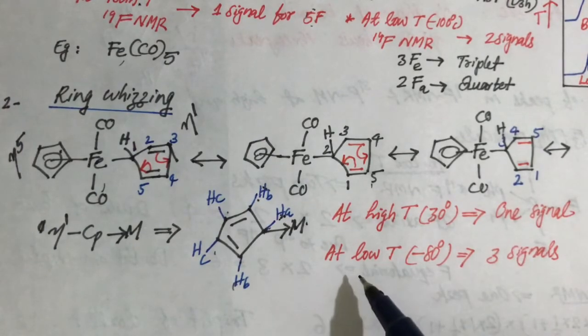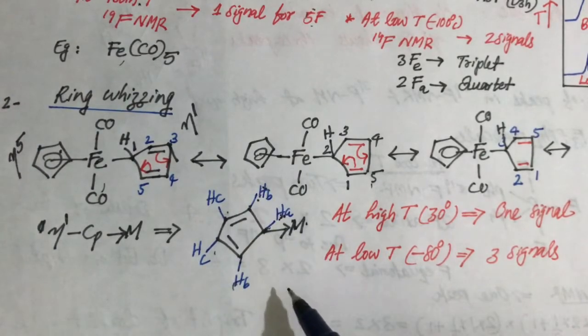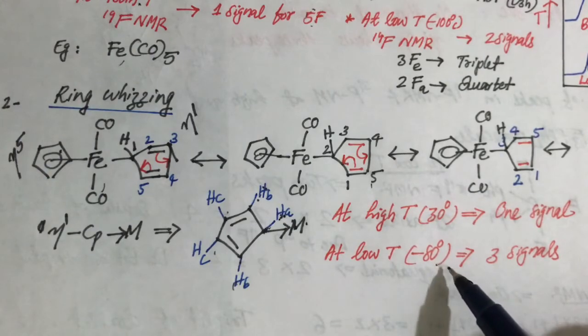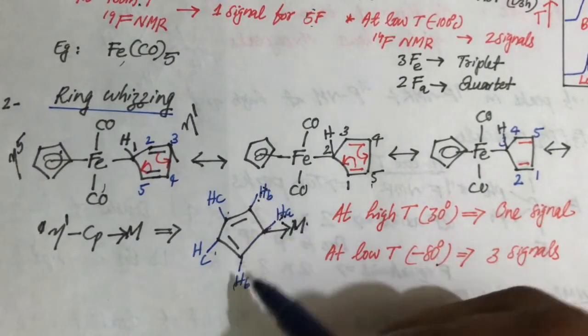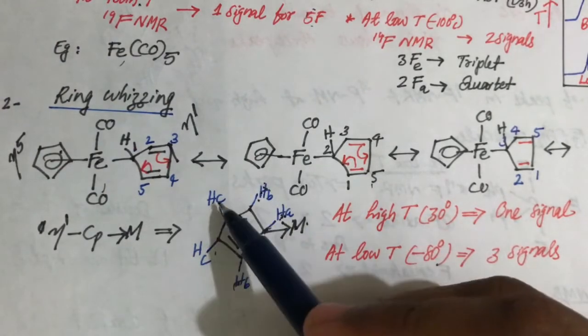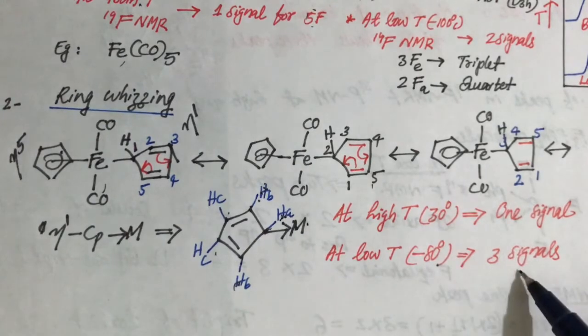But at lower temperature there is no fluxional behavior, so NMR can distinguish these hydrogens. At low temperature, that is minus 80 degrees, you have one signal corresponding to this hydrogen, one signal corresponding to these two hydrogens, one signal corresponding to these two hydrogens, that is 3 signals. This is very important.